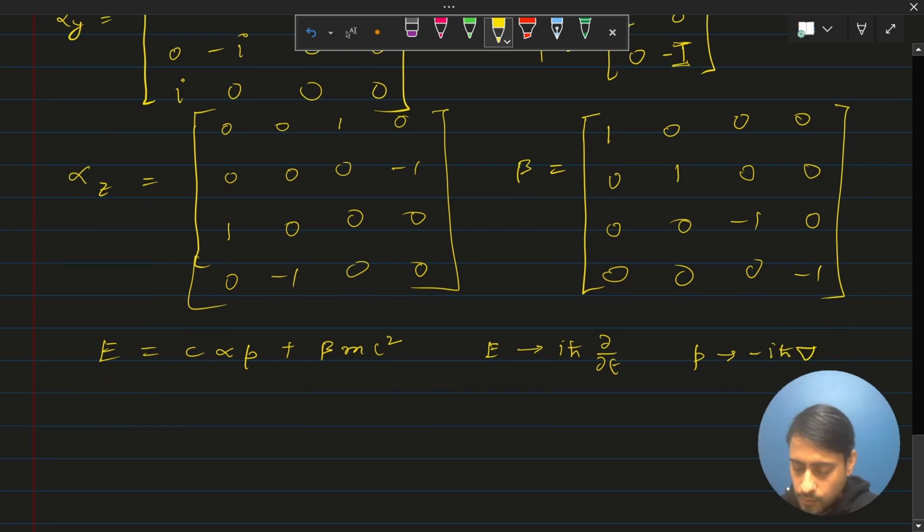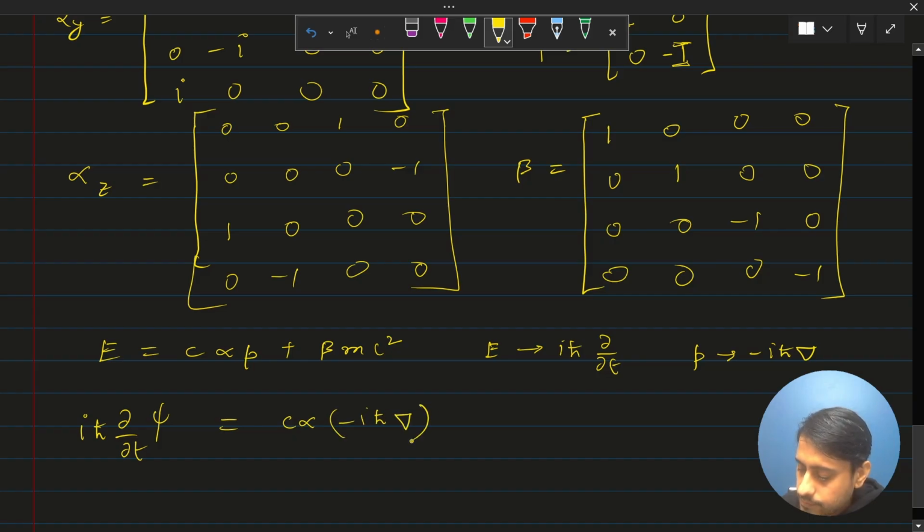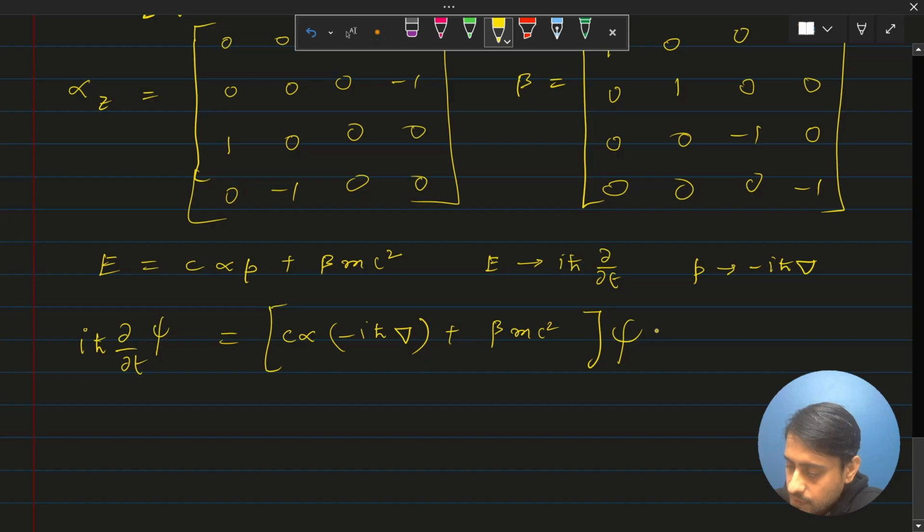Okay, so you know we have already written this 2 times, so just write i h bar del over del t, but we have to apply it on some wave function psi, equals c alpha and then minus i h bar del plus beta mc square acting on some wave function psi, where psi is a function of r and t, not x and t, because already we know that this is a 3-dimensional case, r and t.